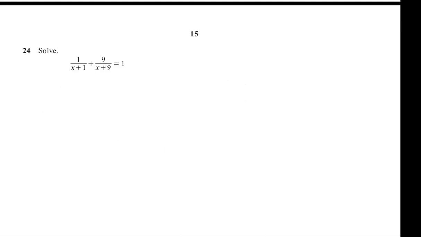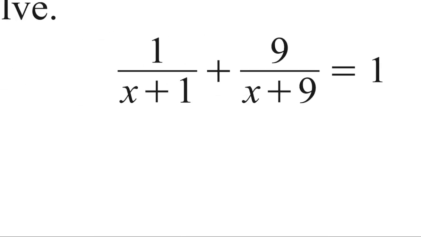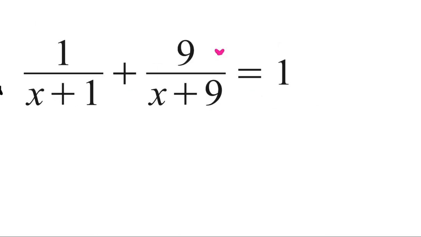And last question, solve this one here. So we just need to make sure all the denominators are the same. So here, we're going to multiply by x plus 9. Here we're going to multiply by x plus 1.